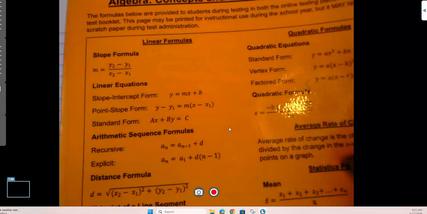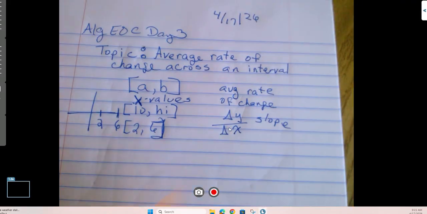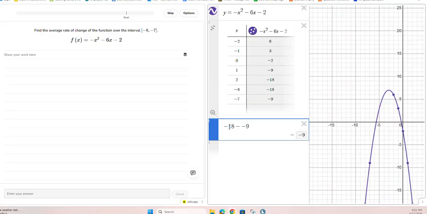Real quick, here's the slope formula, the change in the y's over the change in the x's. Alright, so put that over, make sure it does it right. I guess I need to put it in parentheses. Divide by negative 8 minus negative 7.